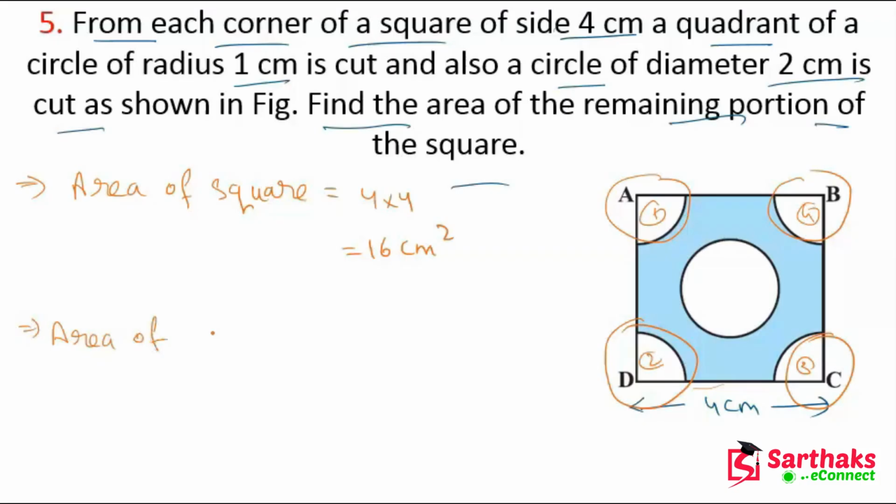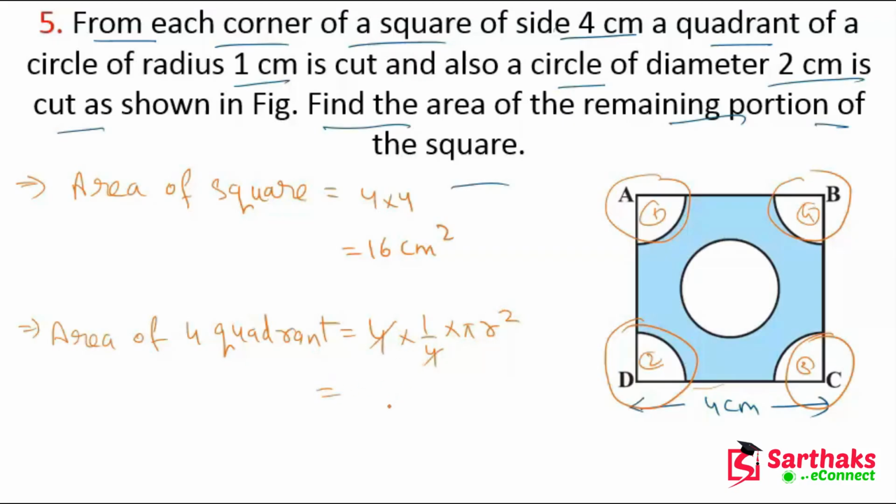This is equal to 4 into area of 1 quadrant. So area of 1 quadrant is 1 upon 4 into pi r square, because this is the fourth part of the circle.